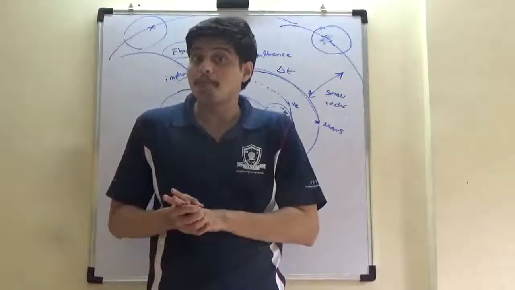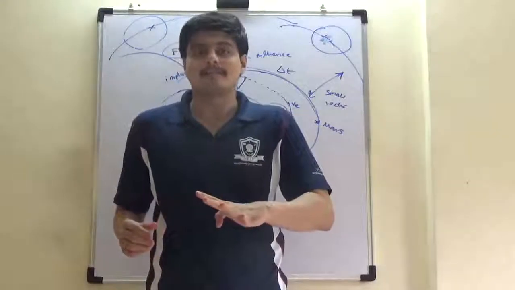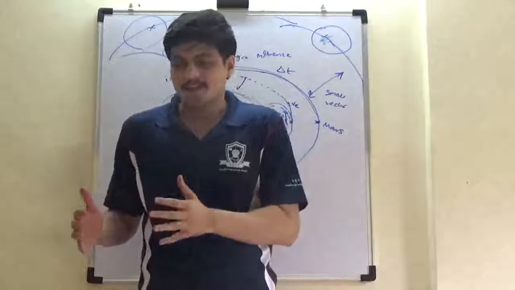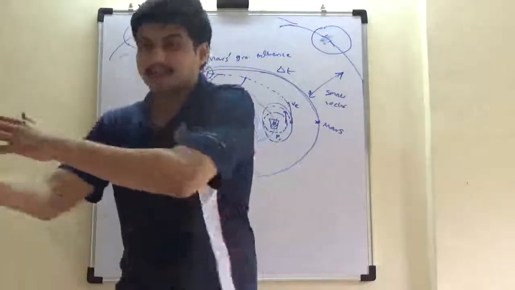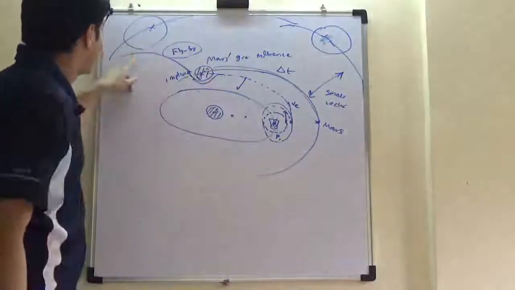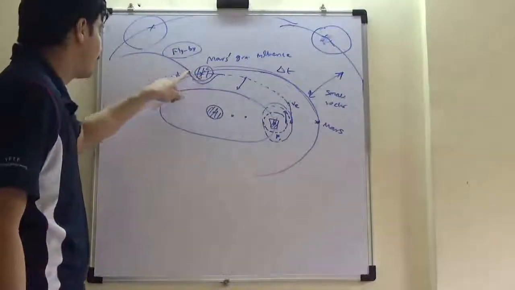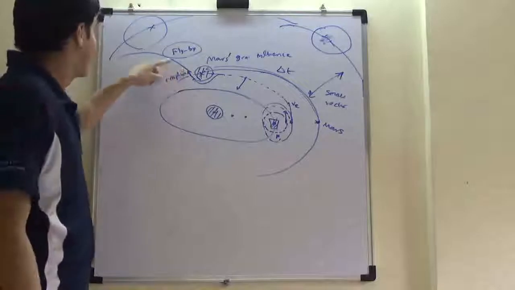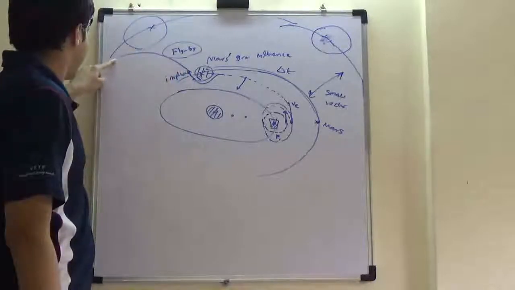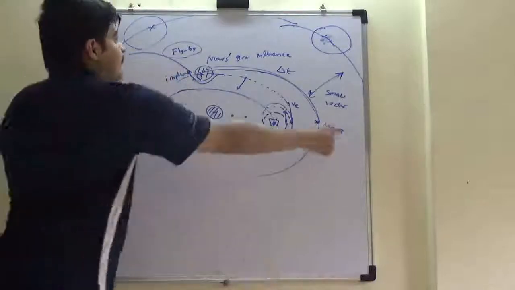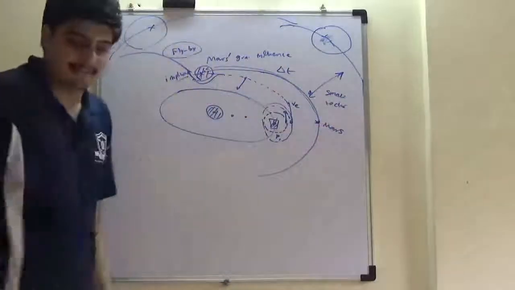Your objective is not to park there. You give an impulse. What would happen? The gravitational field of Mars will direct you, sling you in this direction. So some energy of Mars's gravitational field gets imparted to this. And in the flyby, your direction changes and you meet Jupiter here in this big delta T.